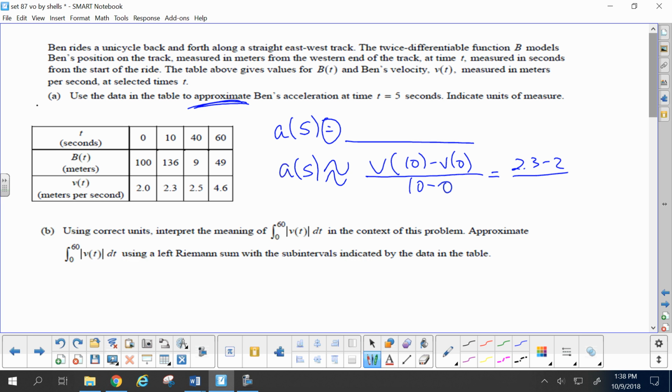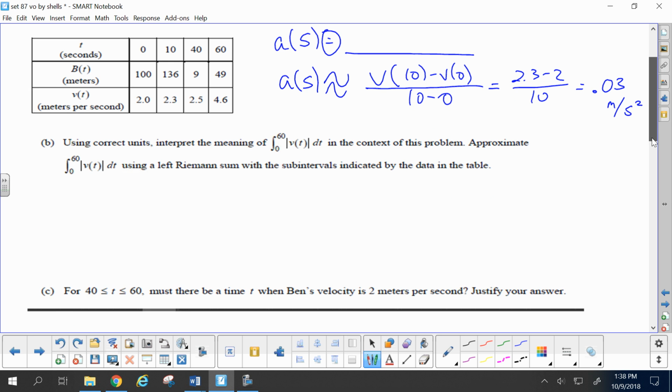And did you get something like 0.03? And what are the units there? Meters per second per second? So meters per second squared? Yes? Okay. What is the meaning of the integral of the absolute value of v? Total distance. So the integral of this expression is the total distance, and you need units.